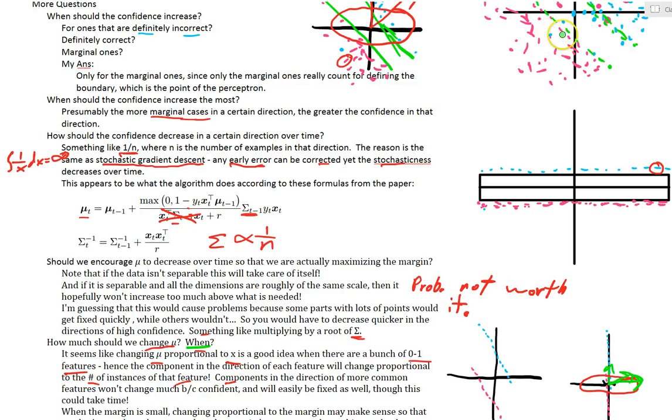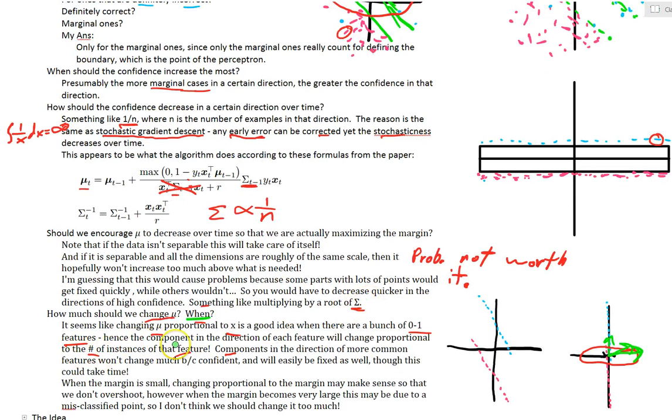So then maybe, although this looks misclassified based on the common features that we have used to update everything so far, maybe actually there are some new features we can use to classify this correctly. And so that's why I think, again, changing mu proportional to x is a good idea.